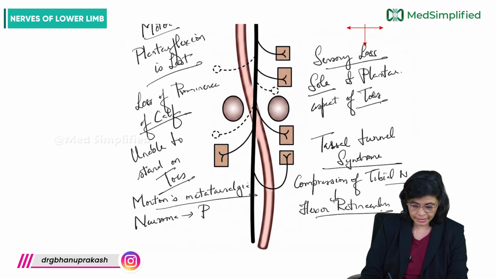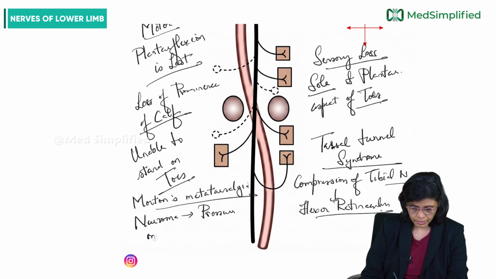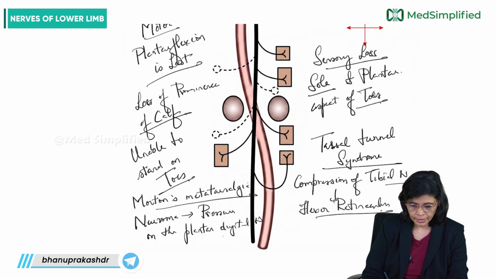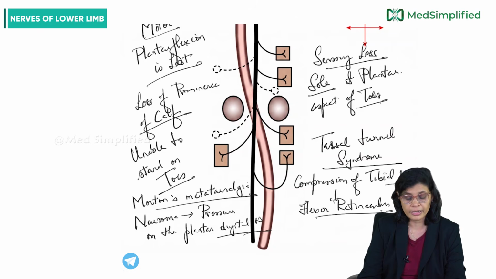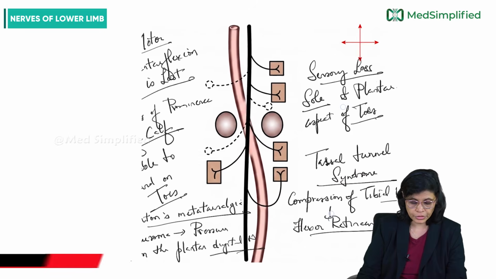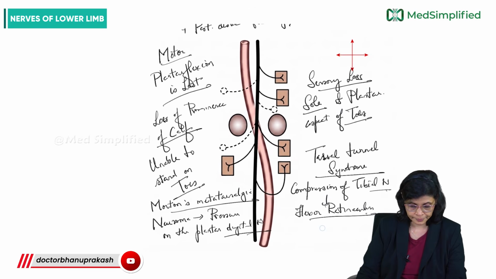We see this in the plantar nerves, and I will be telling that again later. Usually it will present as intermittent pain on the plantar aspect of the forefoot, usually between the third and fourth metatarsals. So that is about the injury of the tibial nerve.